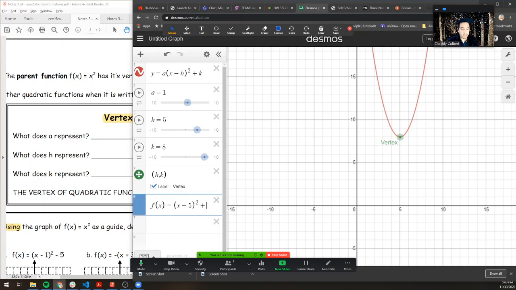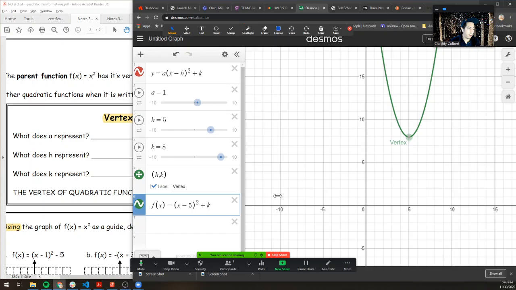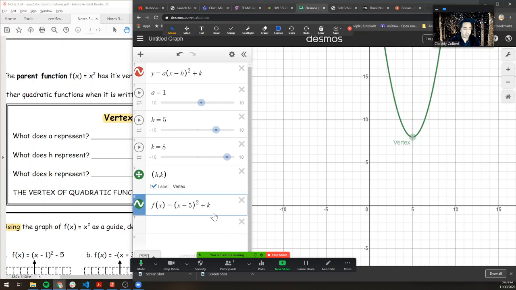And the k value is 8, so plus 8. So now that I hit this, bam, the green one's right where it should be. So x minus 5 plus 8. That's what it should be with actual values. So that moves it up or down. Okay? So again, that should be somewhat intuitive. If you graph it yourself, it will start to make sense.